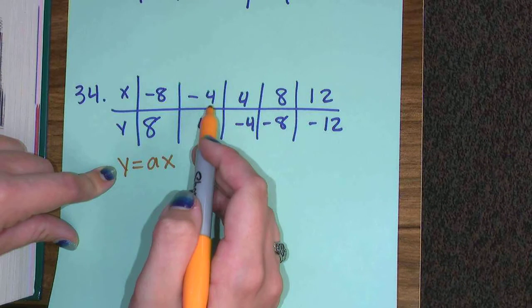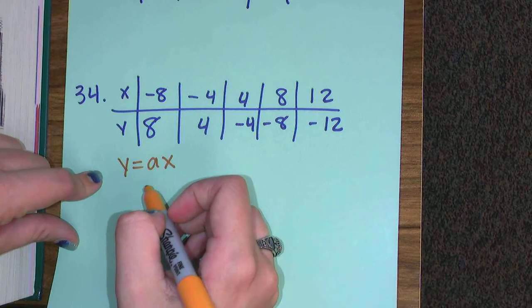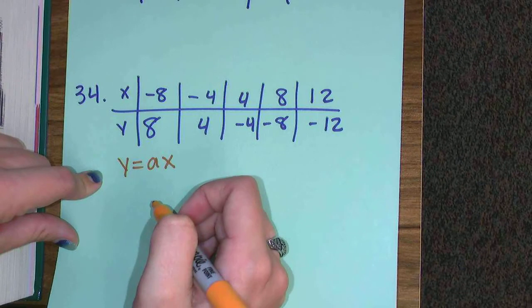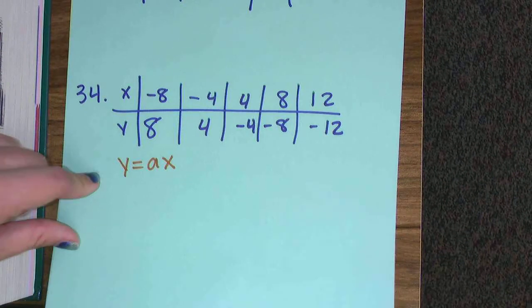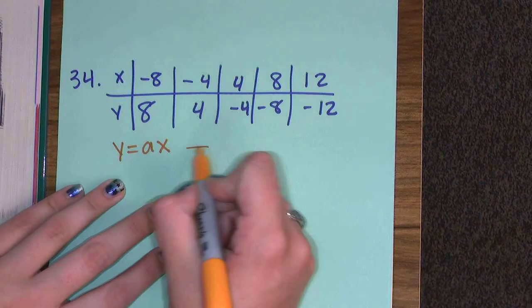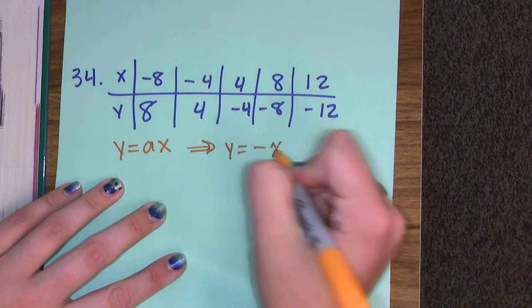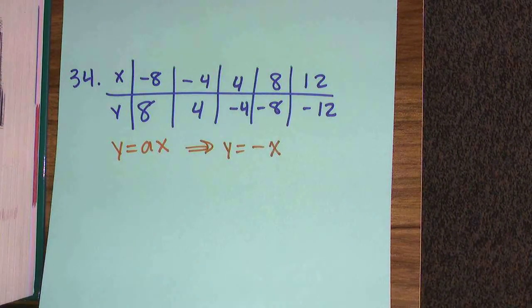If I did that with negative 4 and 4, what is a? Negative 1. If you get a constant value the whole time, then it's direct variation, because it's that constant of variation you're looking at. So you can check it that way if you want to, meaning when I go to write my equation, y is equal to negative x because a is negative 1. So you could check that with one or two of them.